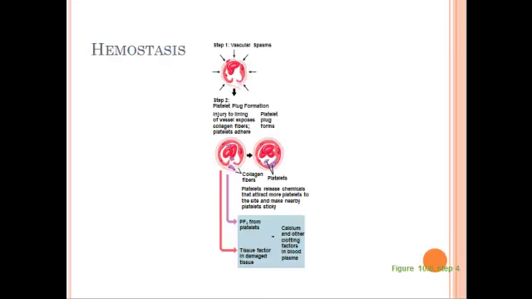After that happens, now our clotting is going to start happening. So the platelets, once they start forming this plug, they're going to start releasing chemicals as well. That's going to attract more platelets, and it's also going to start this cascade of clotting.